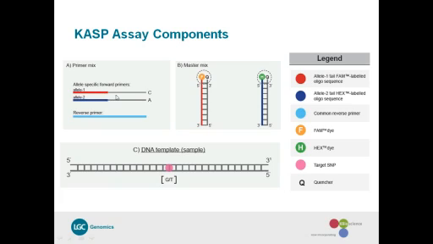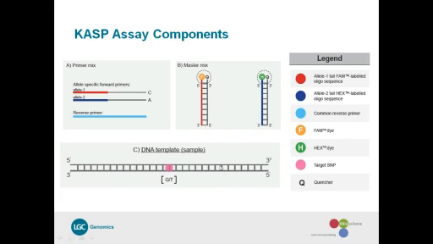Importantly, these forward primers have these tail sequences that correspond to these FRET cassettes, which are in our master mix, our universal master mix. So the master mix is the same for every CASP assay. The primer mix is different for every CASP assay, and it's target specific. But these tail sequences correspond to the FRET cassettes that are in the master mix, and you'll see how that works as we go forward.